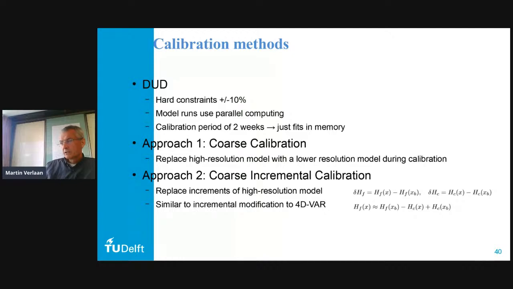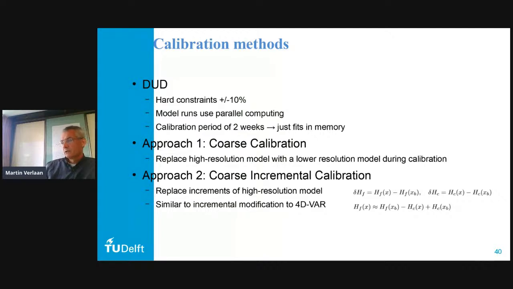To lower the computation time, we tried two approaches. One is to, in the calibration, replace the model with a lower resolution model that makes it much faster to run. And then what we do is we take the bathymetry corrections and apply them to the fine resolution model directly.